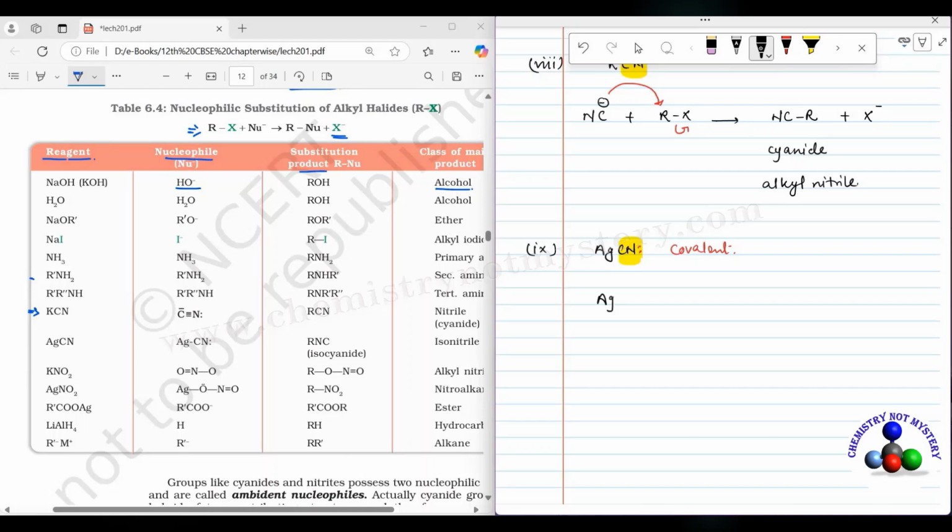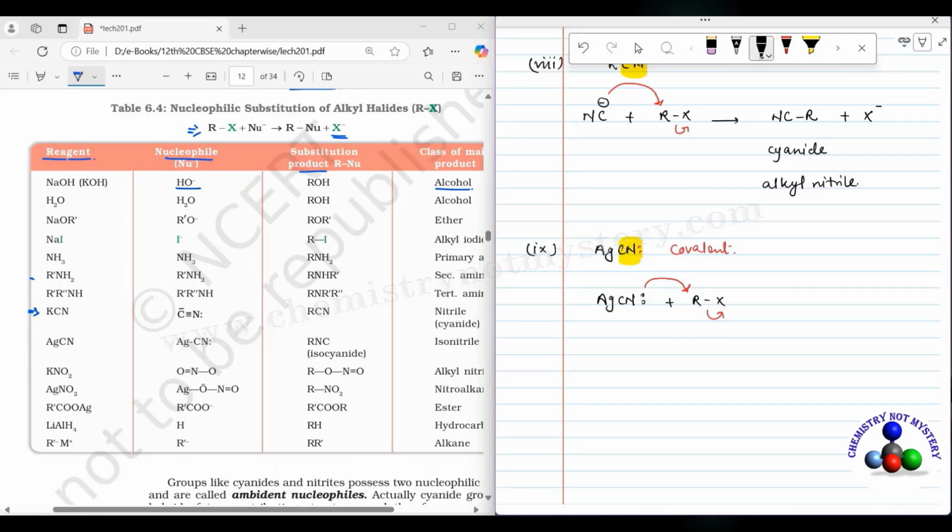So this is AgCN. It has a pair of electrons when it reacts with alkyl halide. So this time this nitrogen will donate a lone pair of electrons to the alkyl group and make a bond with the alkyl, and the halogen is removed in the form of halide.